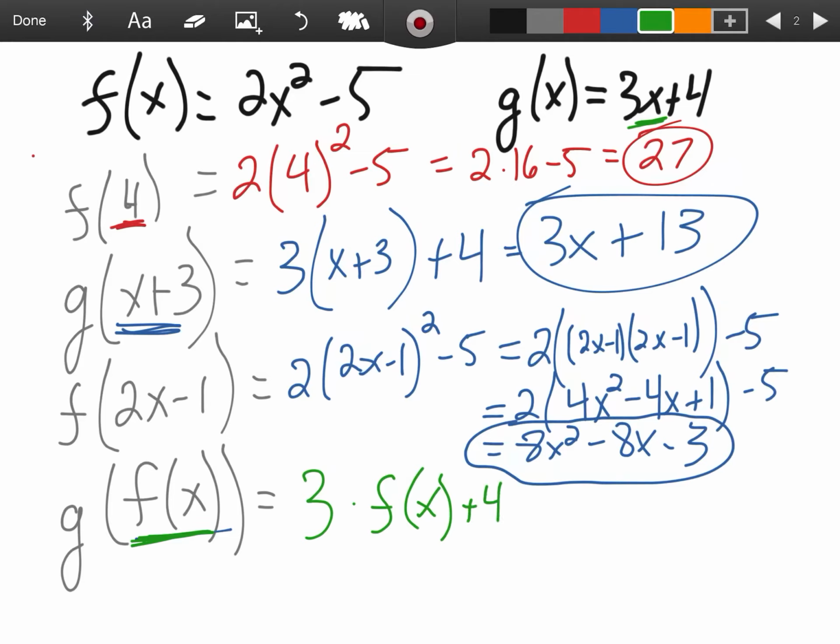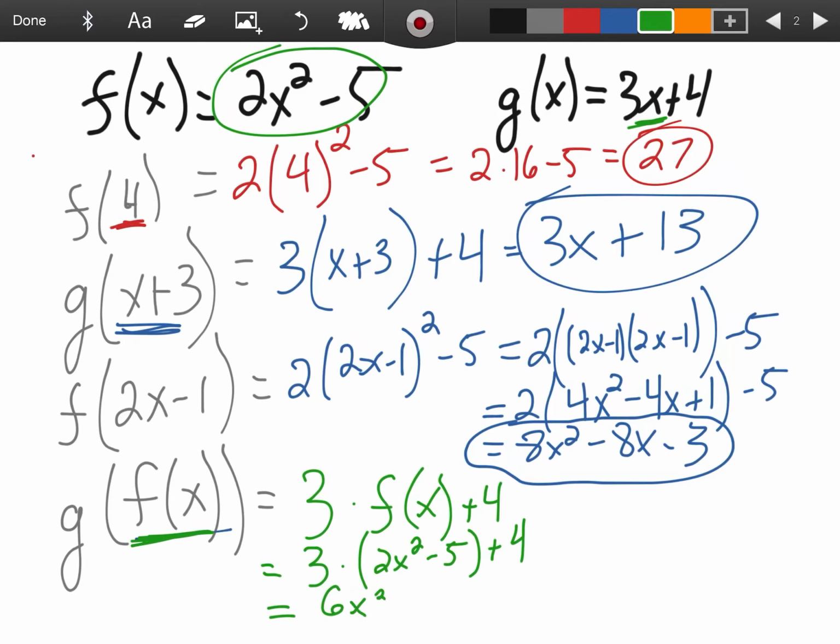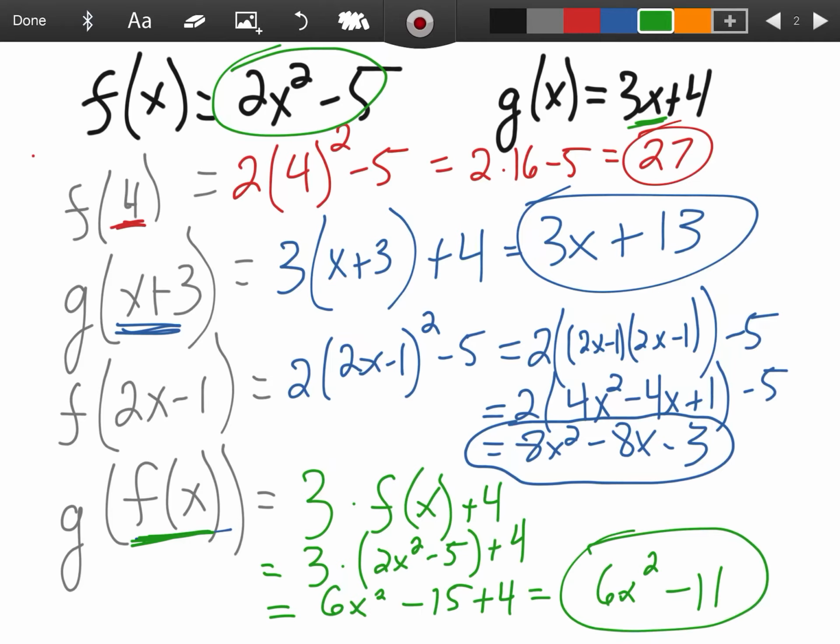Well, what is f of x? f of x is 2x squared minus 5. So that's 3 times (2x squared minus 5) plus 4. That's 6x squared minus 15 plus 4, which is 6x squared minus 11. So that is g of f of x: 6x squared minus 11.